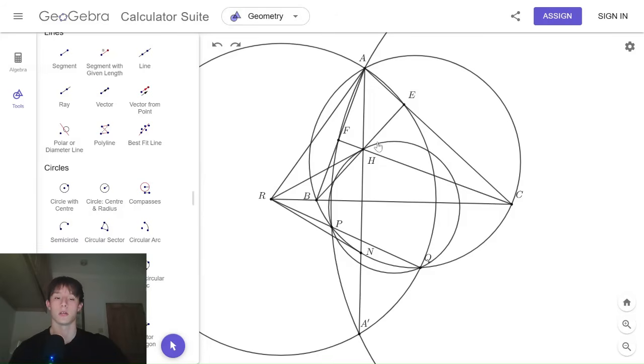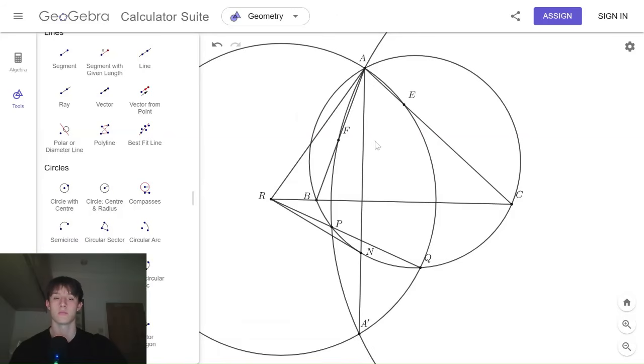So, okay, let's start with something like, okay, we know that Rn should be a tangent, so I think we can just forget about H, forget about these two heights, take that these F and E are foots of heights, take these two circles, and show that PQ and tangent at N intersect on BC.